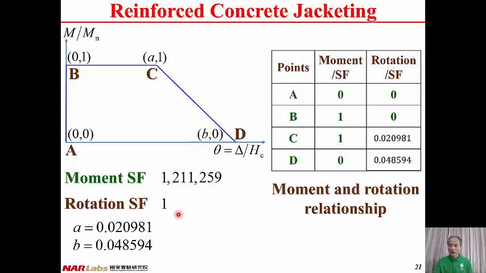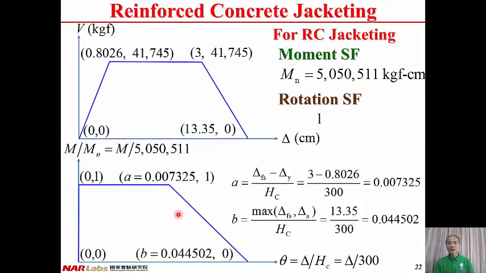That's the original column. After reinforced concrete jacketing, we also have the force displacement relationship, and then we normalize it so that we can come up with the hinge parameters A and B. And the moment scale factor is the moment strength of the column after reinforced concrete jacketing, 50 ton-force meter.